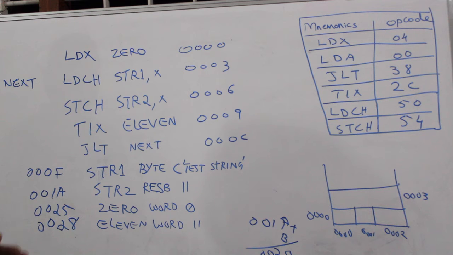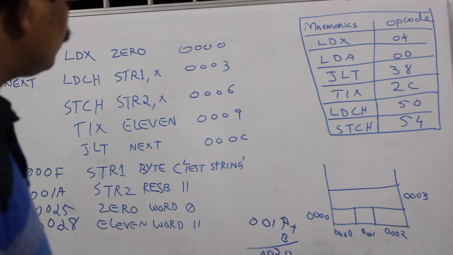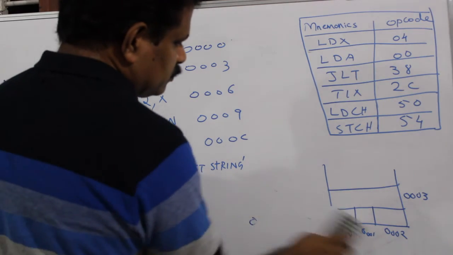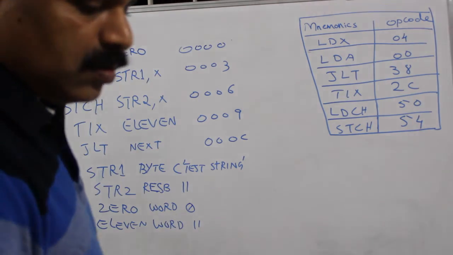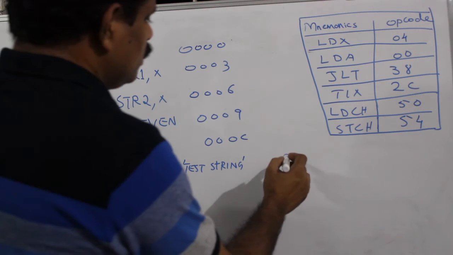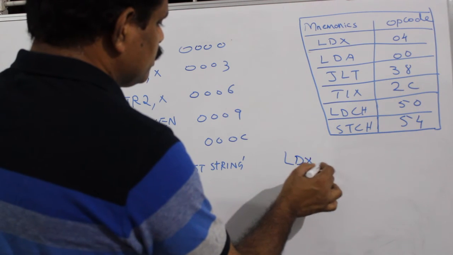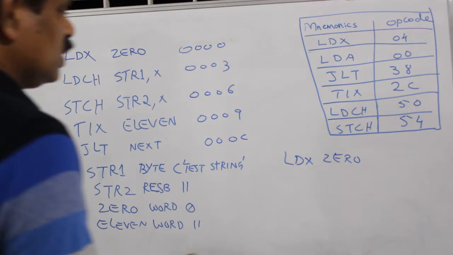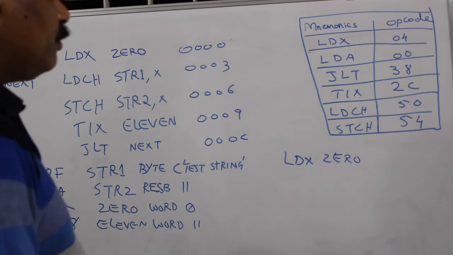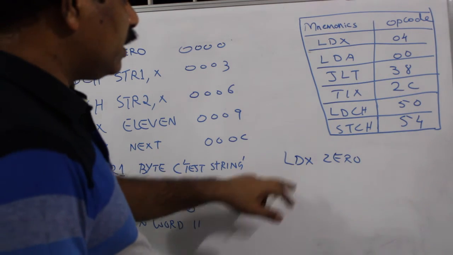What will be the machine code of LDX 0? What is the opcode of LDX?